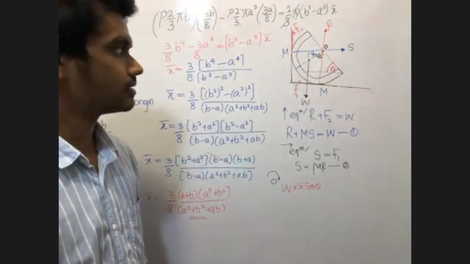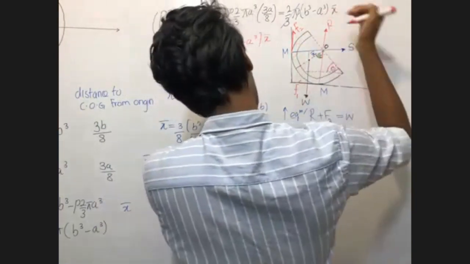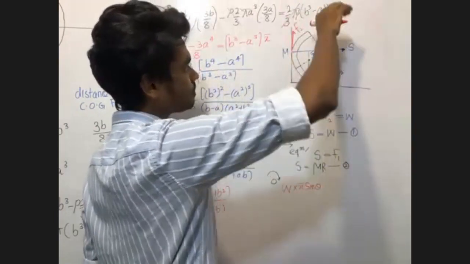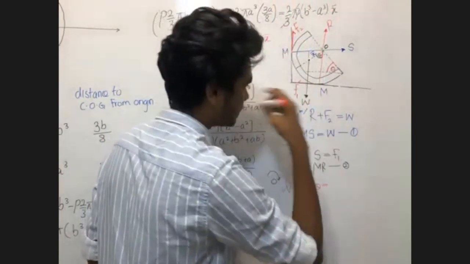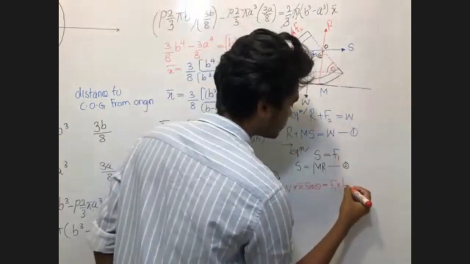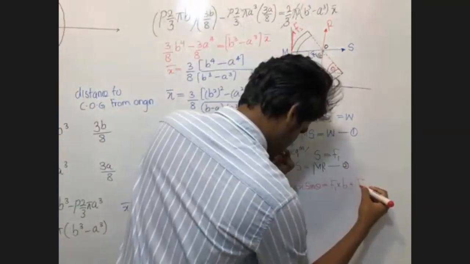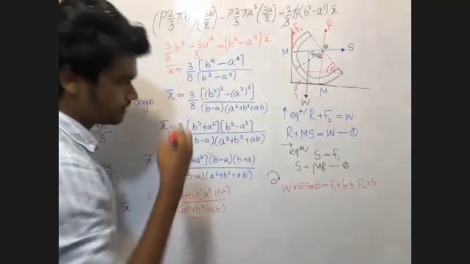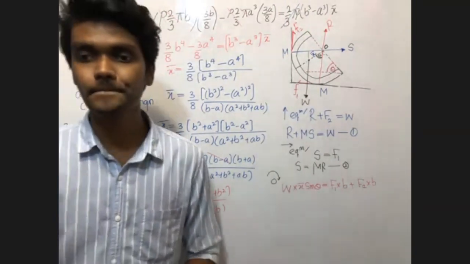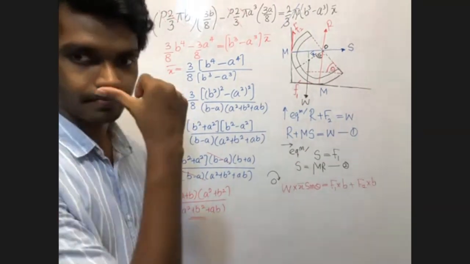This is the only clockwise moment. From the friction, anticlockwise moment, F1 into B, this distance is B, and F2 into once again B. It's clear, right? F2 into B.